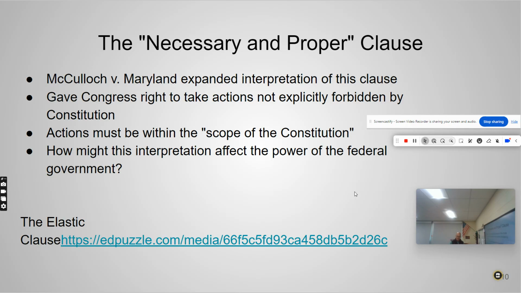In other words, if something's not spelled out specifically in the Constitution, there's a possibility in the necessary and proper or the elastic clause that the legislative branch can find a way to stretch the Constitution. That's why we call it the elastic clause. And we left off about to play the video clip, which I want to start from scratch on. He does a good job of explaining this.